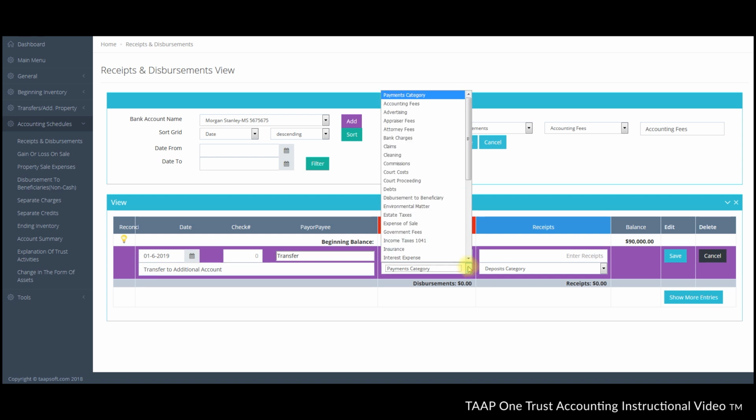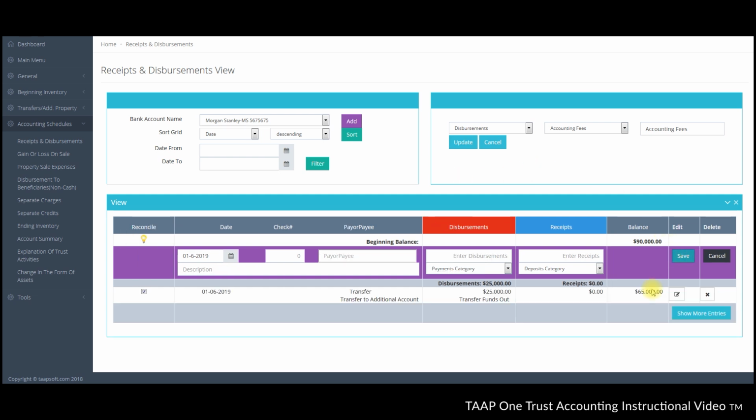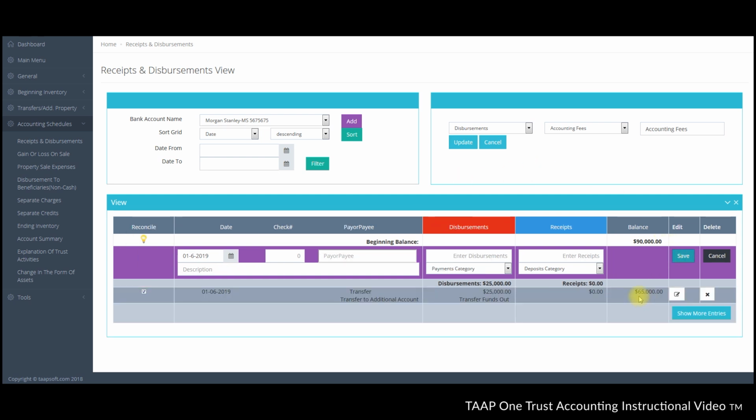Okay, and the selection is extremely important. Okay, so this is going to be transfer funds out, and you'll see that now our account is $65,000 less.